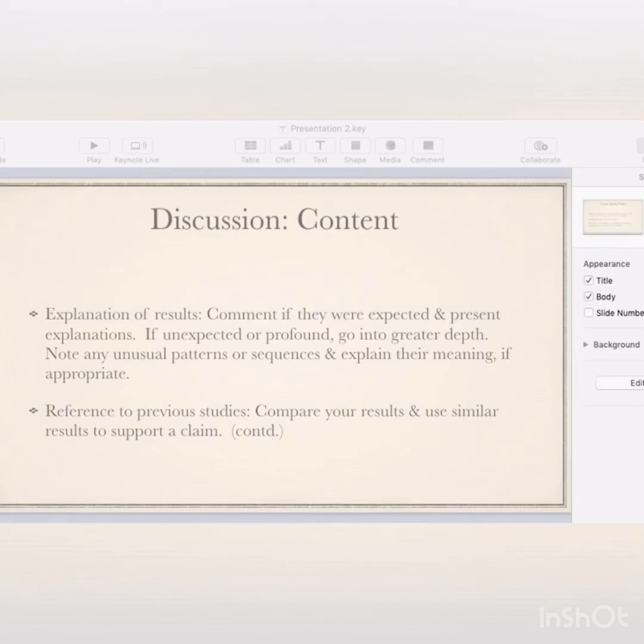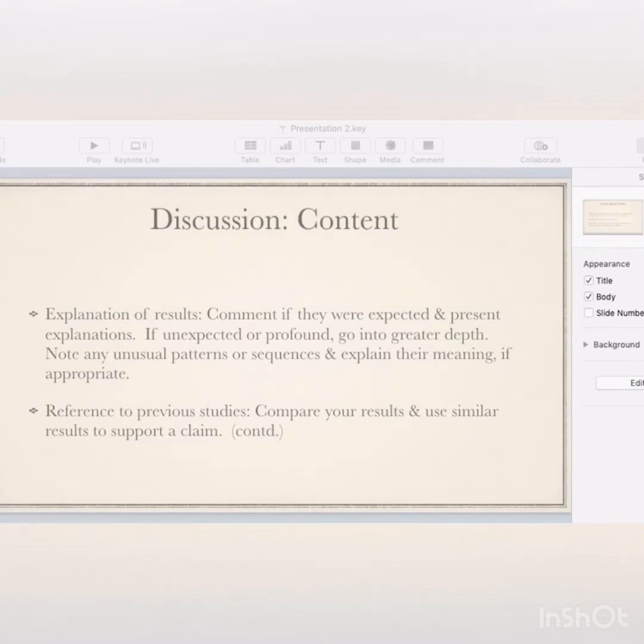And thirdly, regarding references, again we refer to previous studies in the discussion, just as we may in the introduction, and also from time to time, in rare cases, during the methodology, particularly in the sampling size and sampling techniques. We refer to previous studies primarily for two reasons.